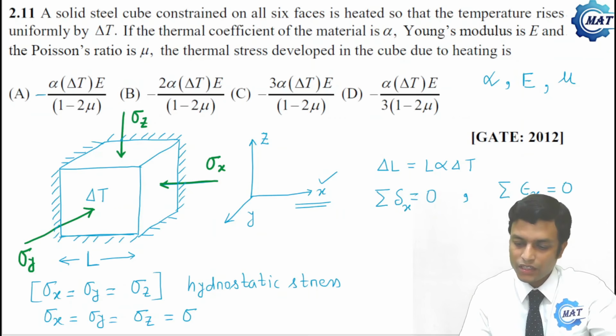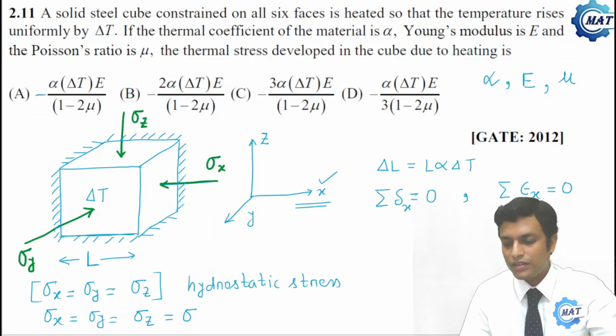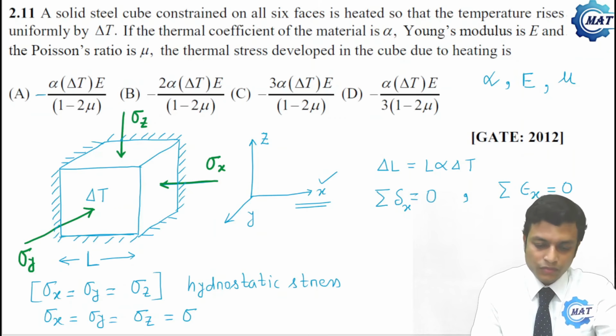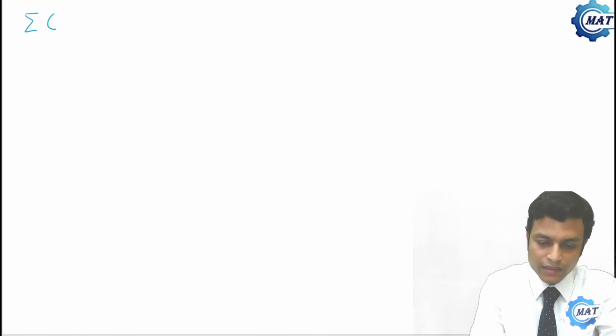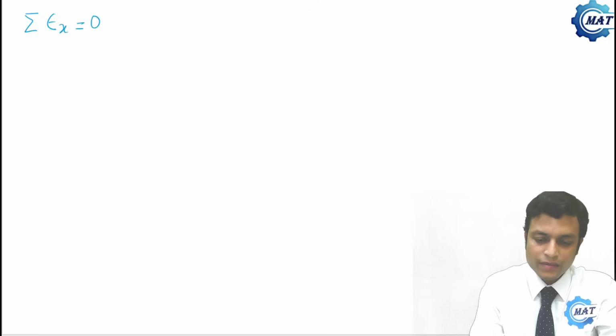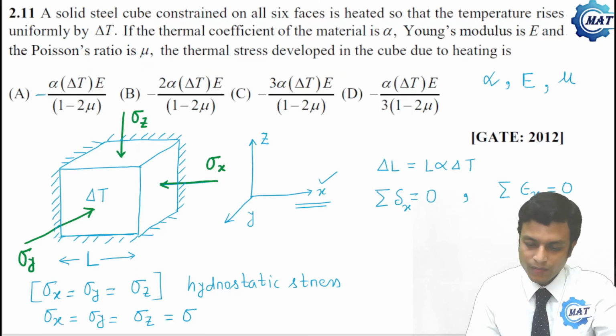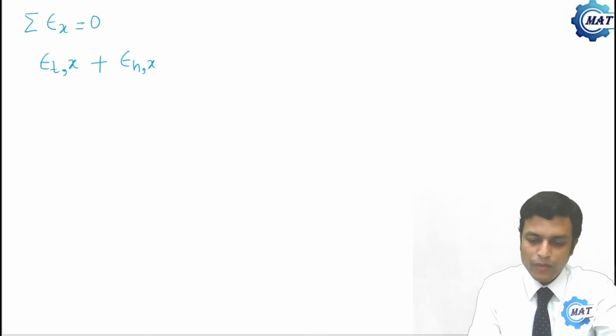If resultant elongation along X is 0, then resultant strain along X direction is also 0. So the boundary condition is that resultant strain is 0. What is the resultant strain? It is the thermal strain along X, epsilon Tx, plus the hydrostatic strain due to this hydrostatic stress. So the combination of these two, or the resultant of these two, is 0.